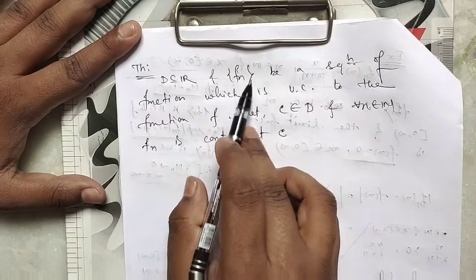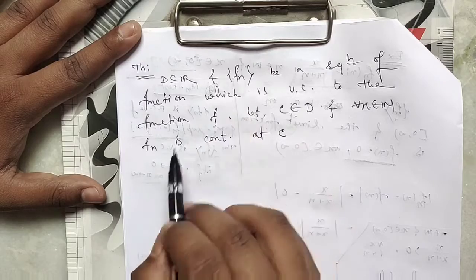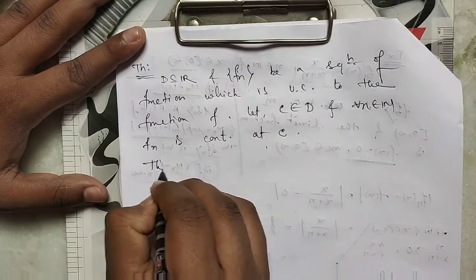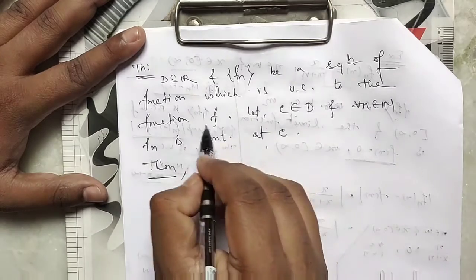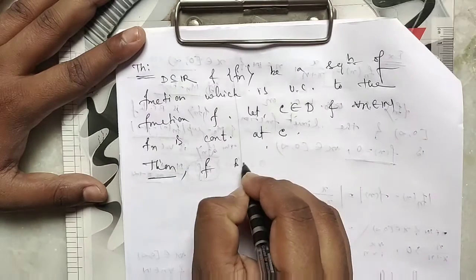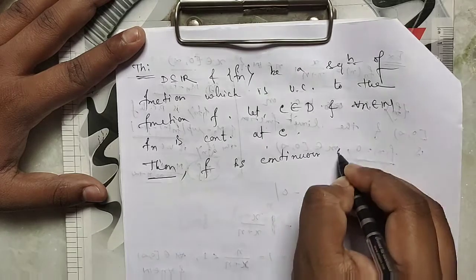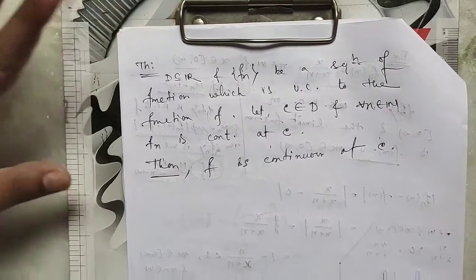Each term of the sequence of functions is continuous at c. Then the limit function f is continuous at c.